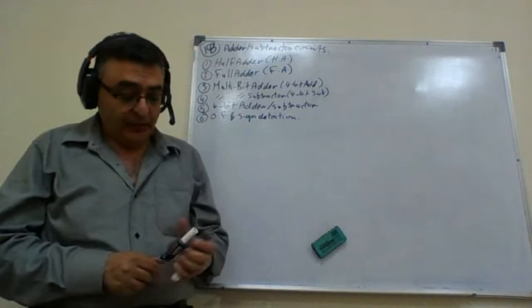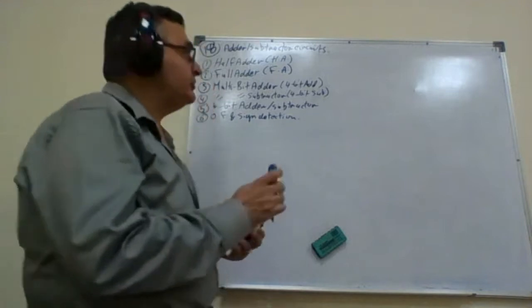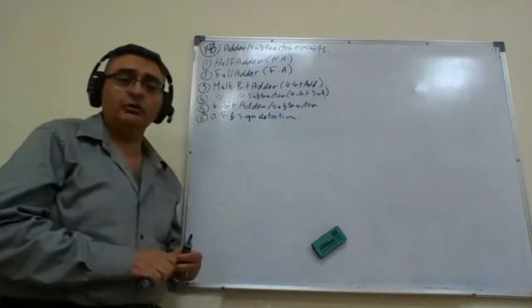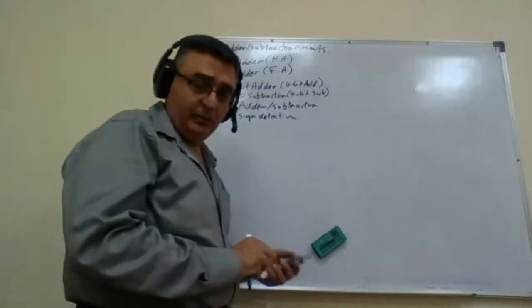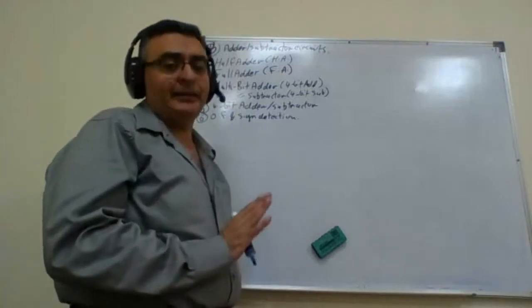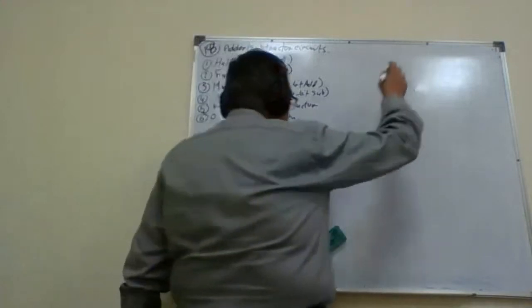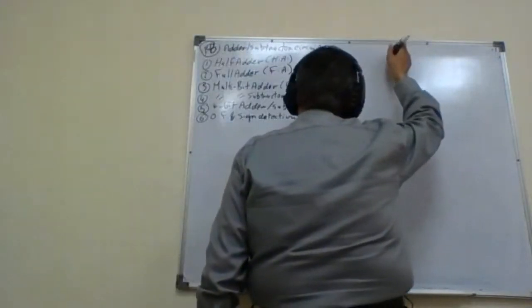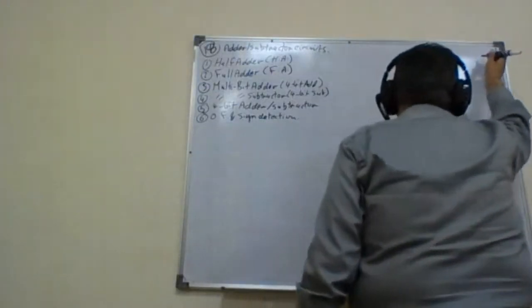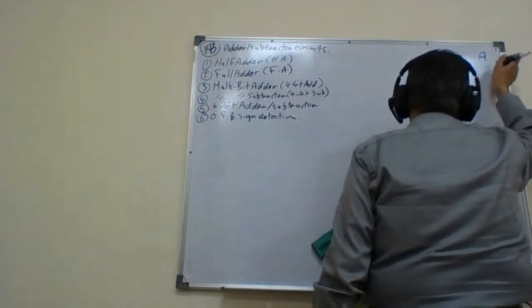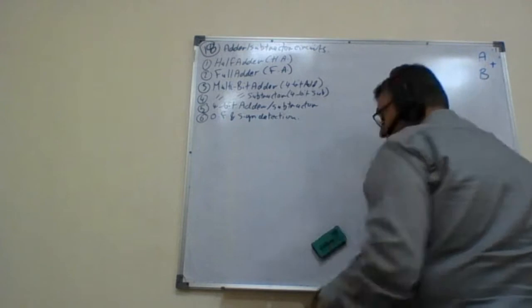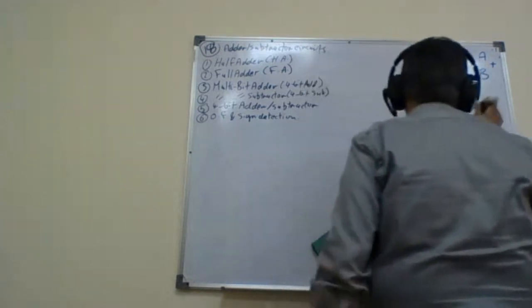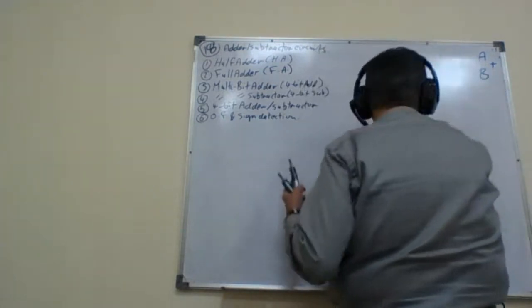So let's start by the assumptions of the numbers that we have. Assuming that I have two numbers in binary and I want to add them. I have number A and number B, and I want to add those two numbers.